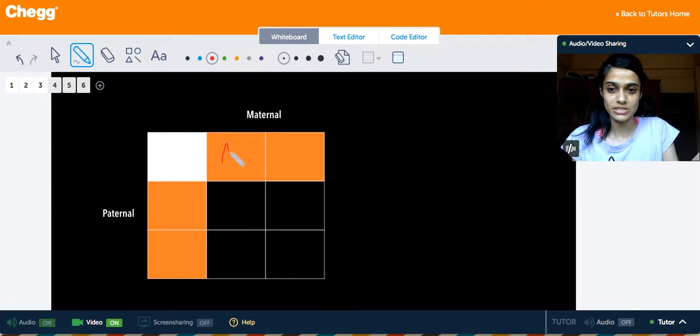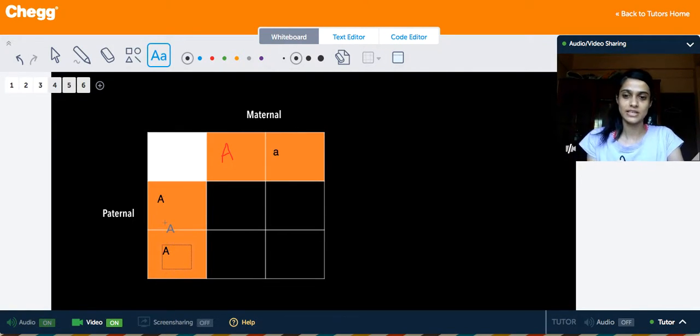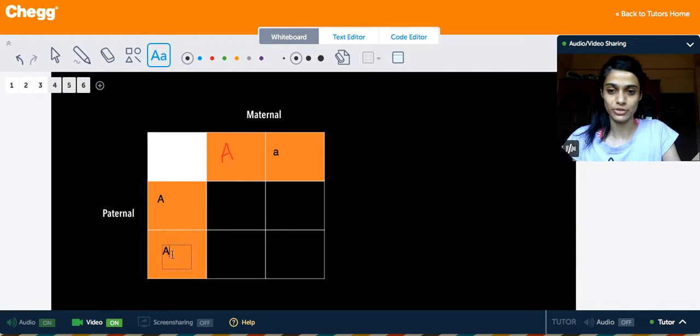Let's just say this mother has, I'm going to type this here, A and A. And let's say the dad has big A and big A. As you can see, the dad is homozygous for the A blood group, and the mom is heterozygous for the A blood group. I'm sorry, I wrote A. I meant to write O. So let's make that O.